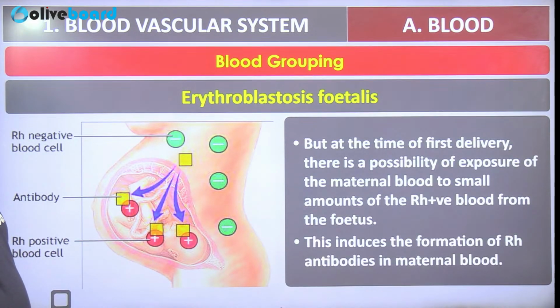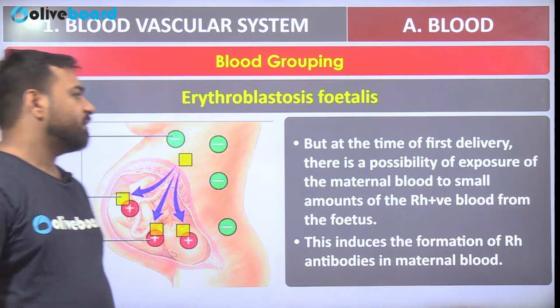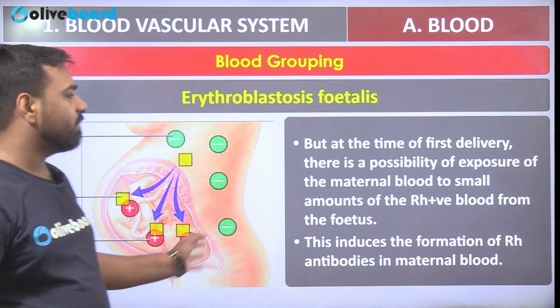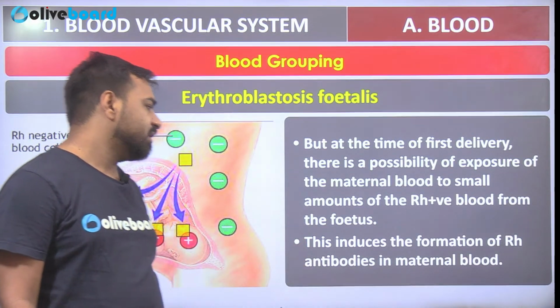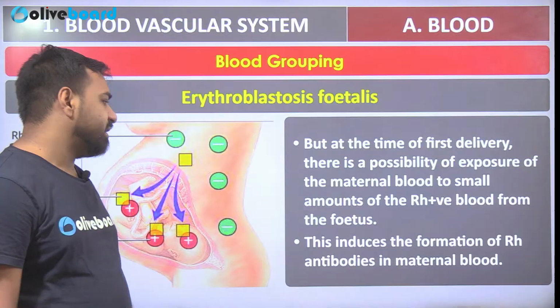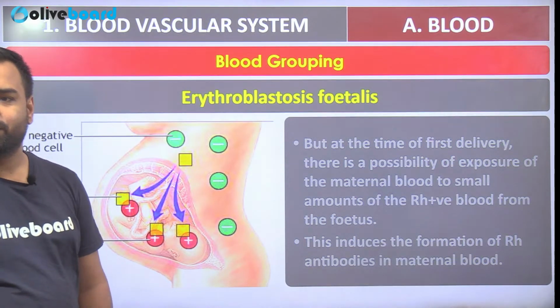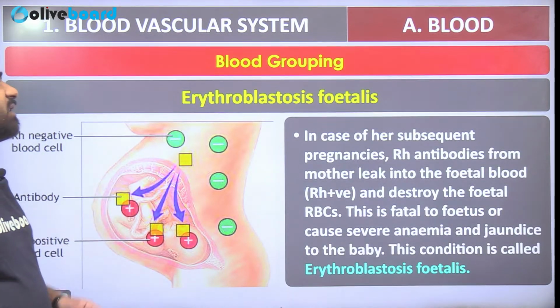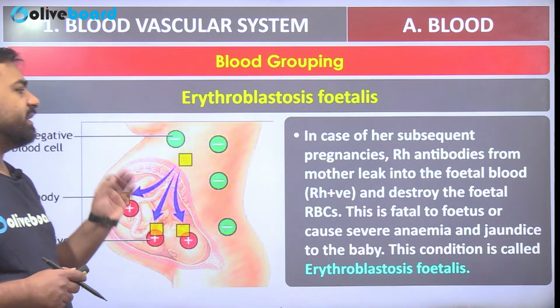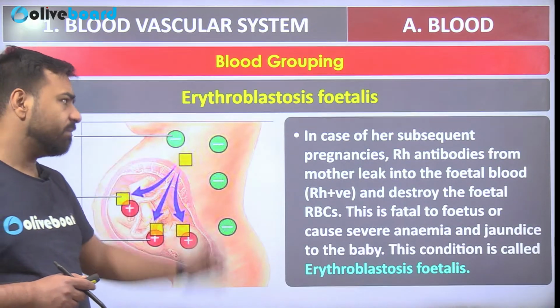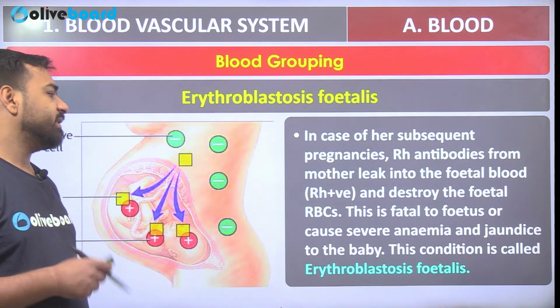But at the time of the first delivery, there is a possibility of exposure of the maternal blood to a small amount of Rh positive blood from the fetus. This induces the formation of Rh antibodies in the maternal blood. In her subsequent pregnancies, Rh antibodies from the mother leak into the fetal blood and destroy the fetal RBC.